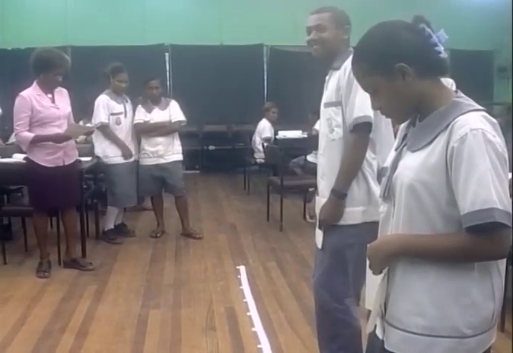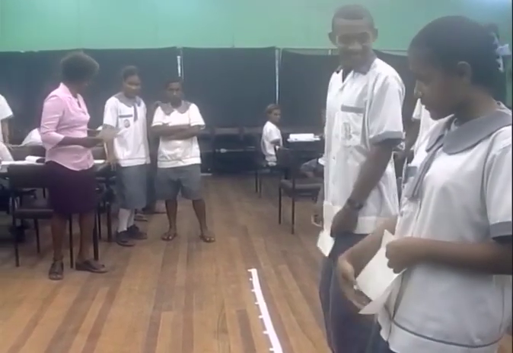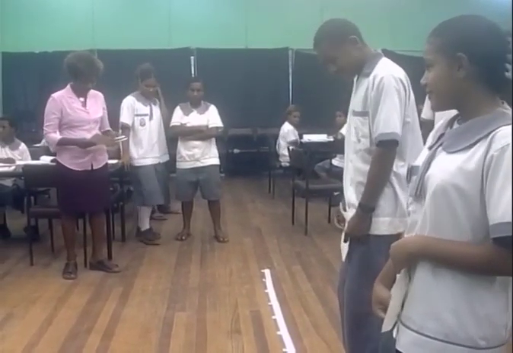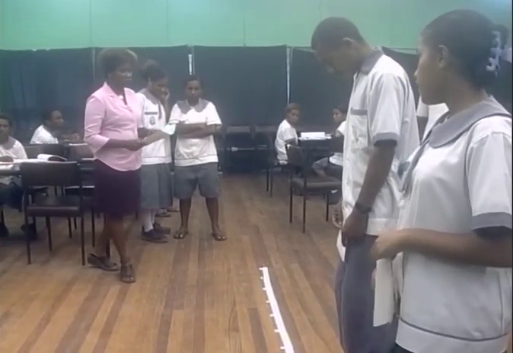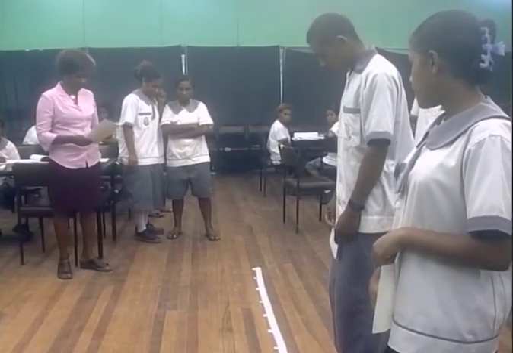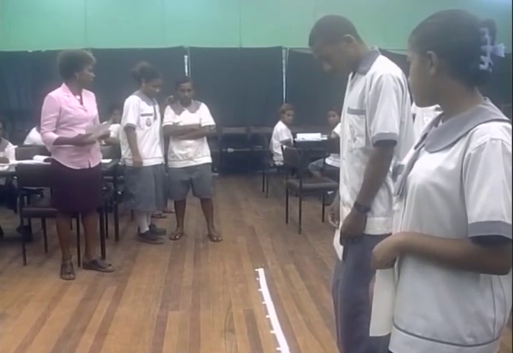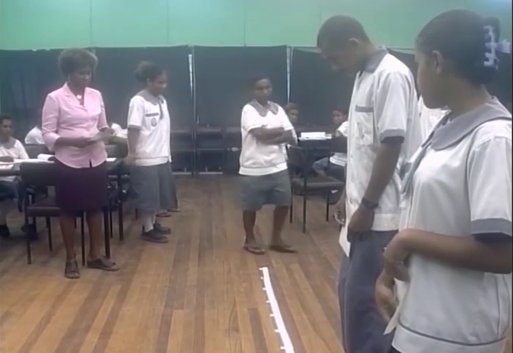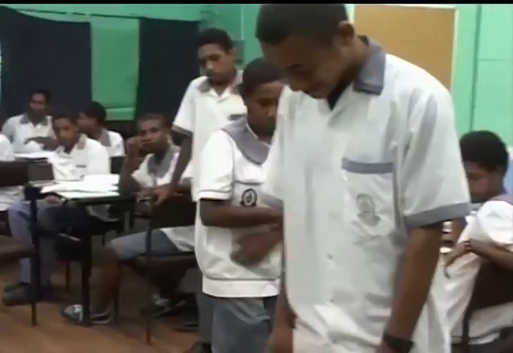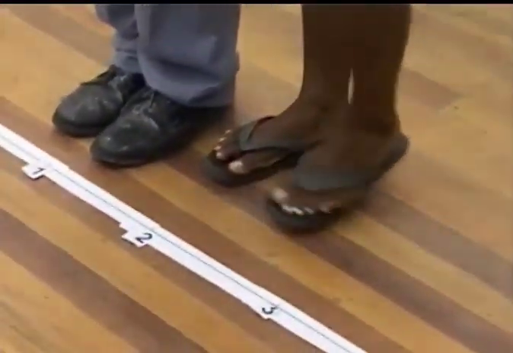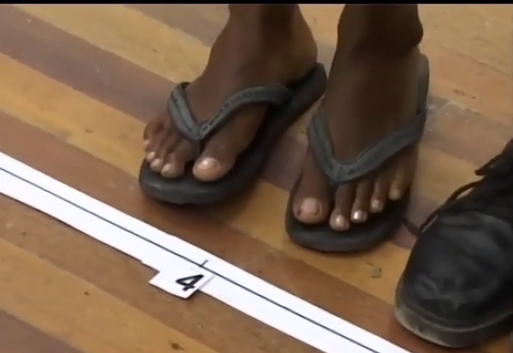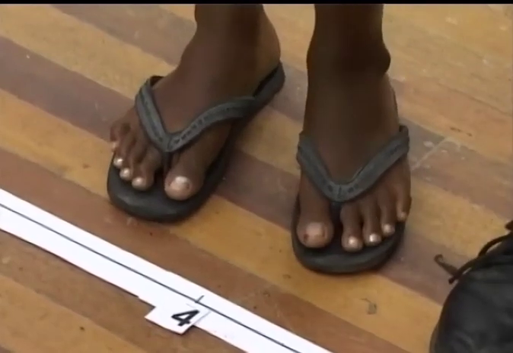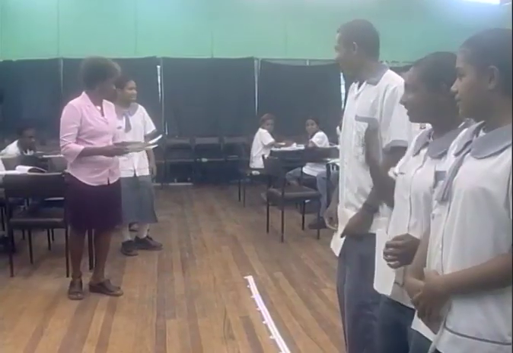Next one. Korai, I'd like you to then move from Eddie, positive 3. Habi, you're next.